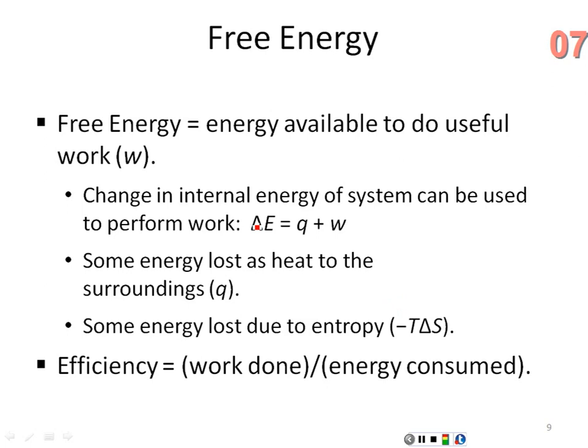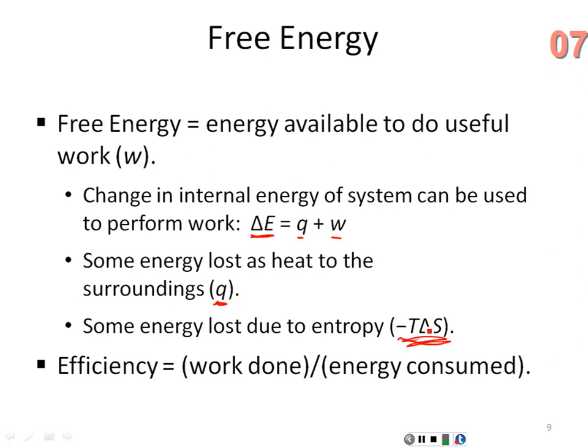If we write our equation for the change of internal energy in a system, we have Q, which is heat, plus W, work. Some of the energy is always going to be lost to heat the surroundings. That's a Q term. Some energy is also going to be lost due to entropy.